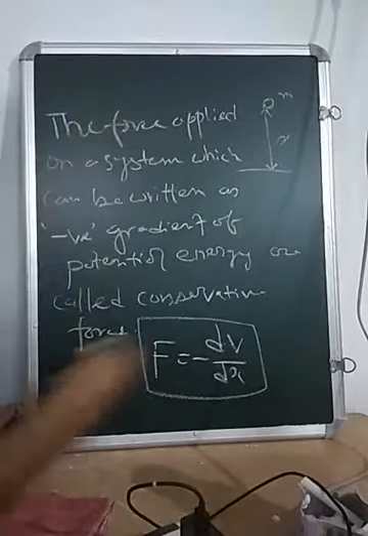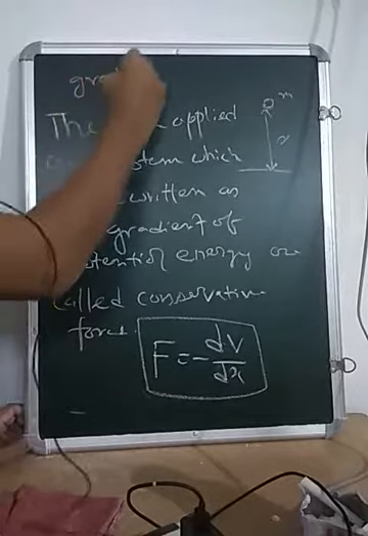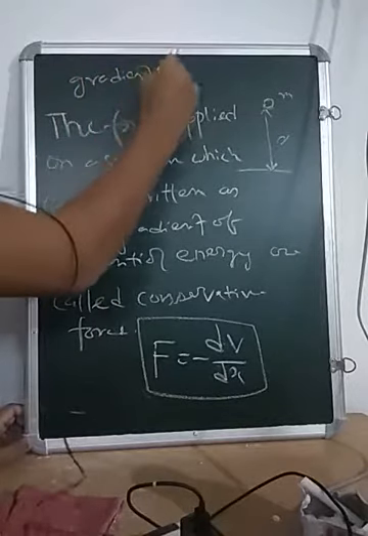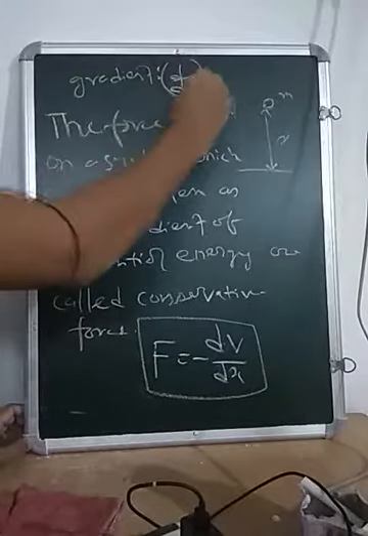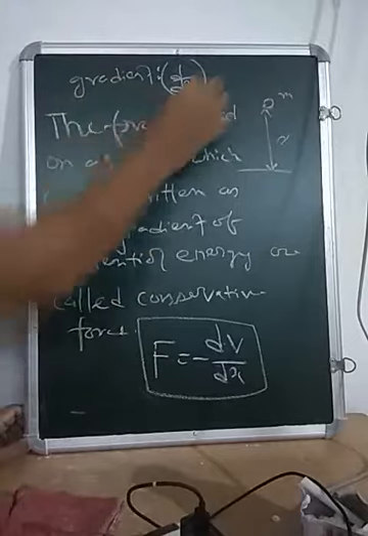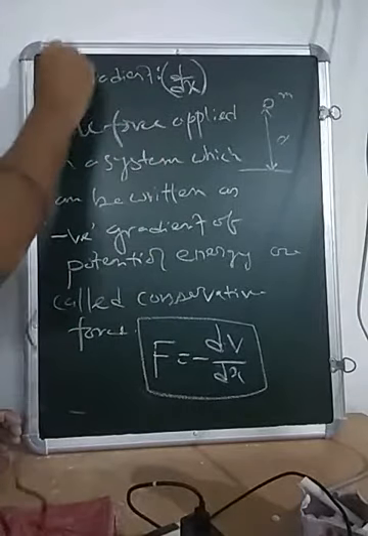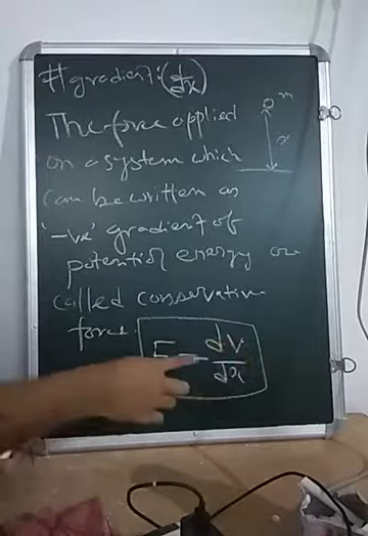Gradient means d/dx, differentiation with respect to distance or length. So F is equal to negative gradient of potential energy. This is called conservative force.